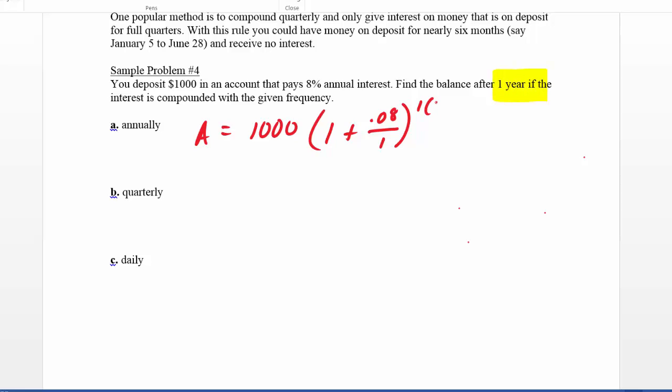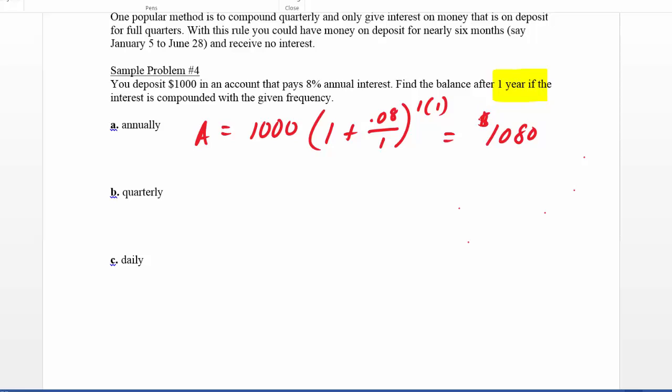And the n is also going to be 1 because it's an annual compound. Now, you want to get in the habit of being able to put all of that information into your calculator in one entry line, and if you did, you'll see that our new balance is $1,080.